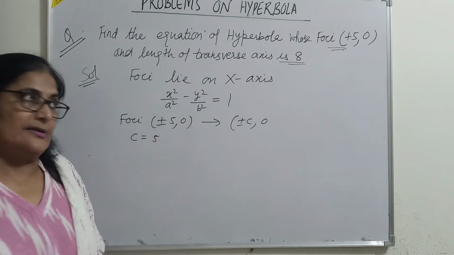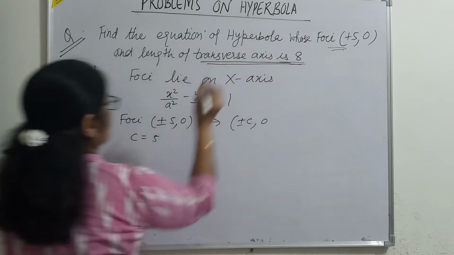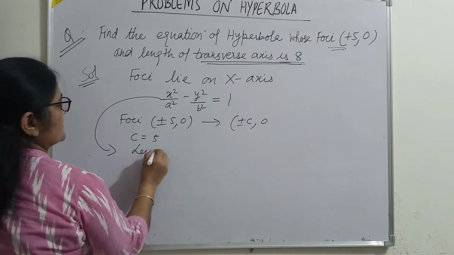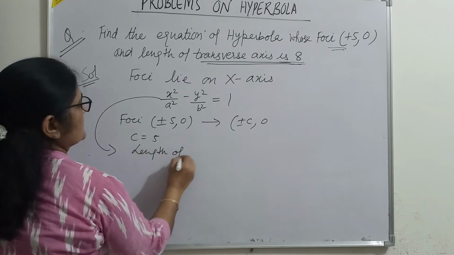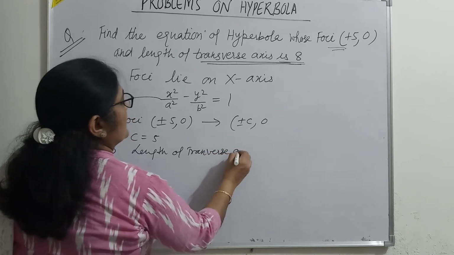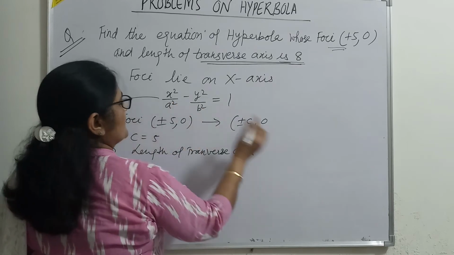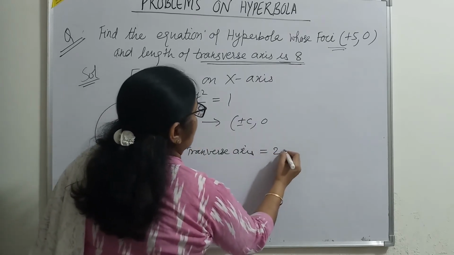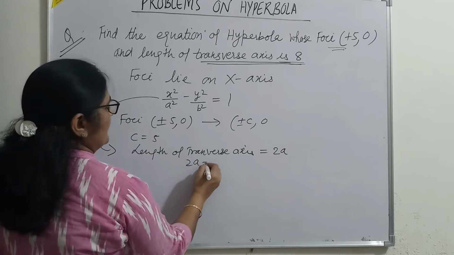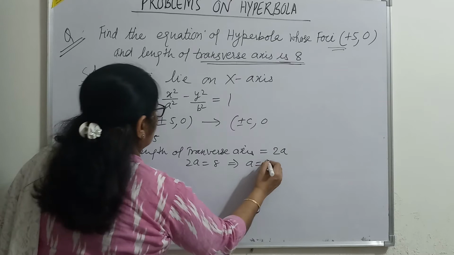How can we find them? One more term: the length of the transverse axis. In the form x²/a² − y²/b² = 1, the length of the transverse axis is 2a. That means 2a is given as 8. So what is a? a is 4.